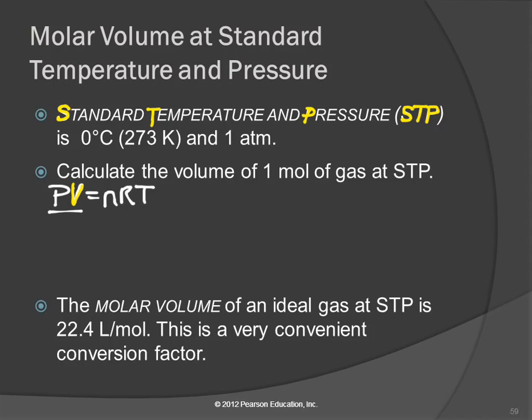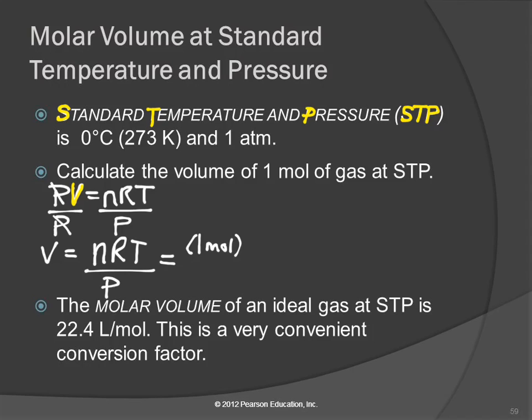So we need to get rid of the P. And we'll divide both sides. Now we've got volume equals nRT over P. What's n? 1 mole. That was given to us in the problem. Calculate the volume of 1 mole. What's R? 0.0821. And what are the units?